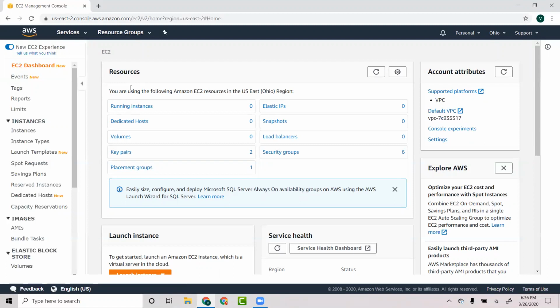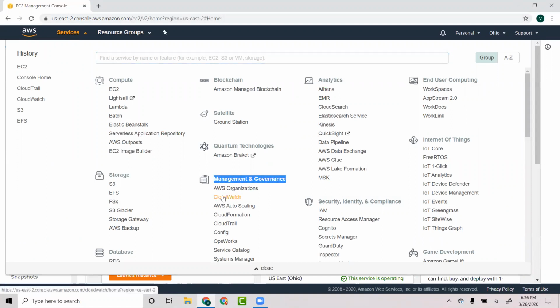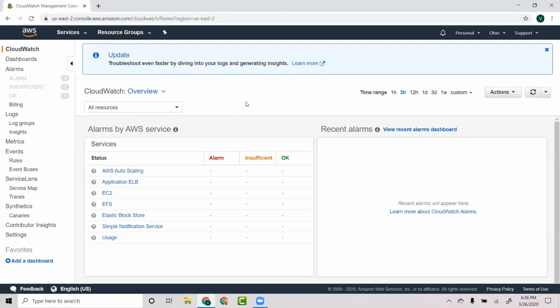So let's talk about CloudWatch. It is inside the services section, under management and governance. So this is CloudWatch. By the way, I'm assuming all of you are pretty serious about taking the Solutions Architect Associate certification test. I highly recommend you do, all of you.